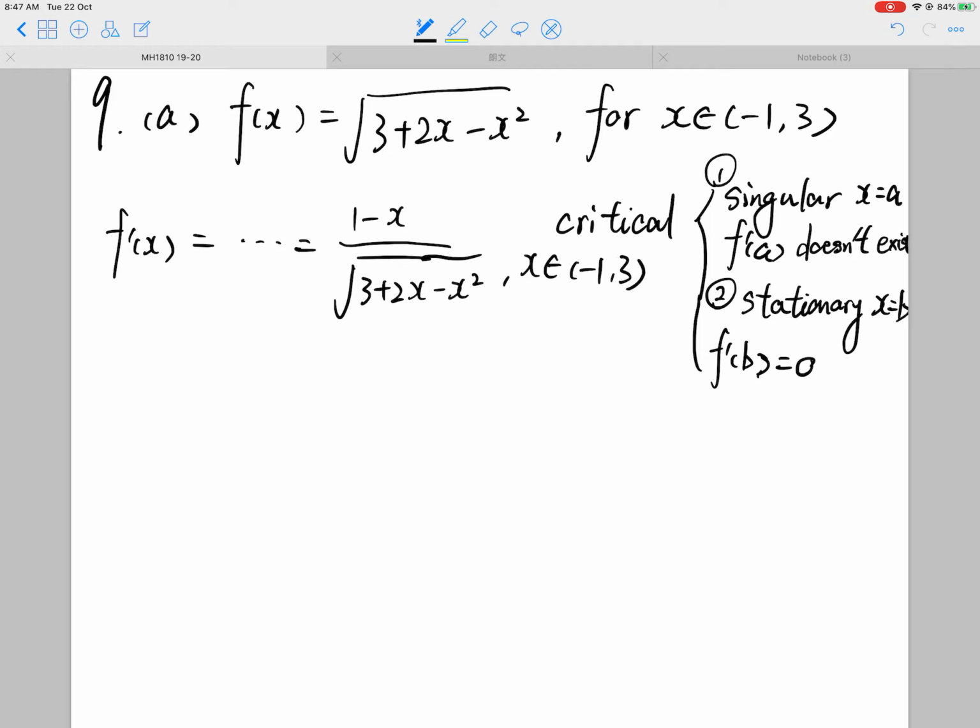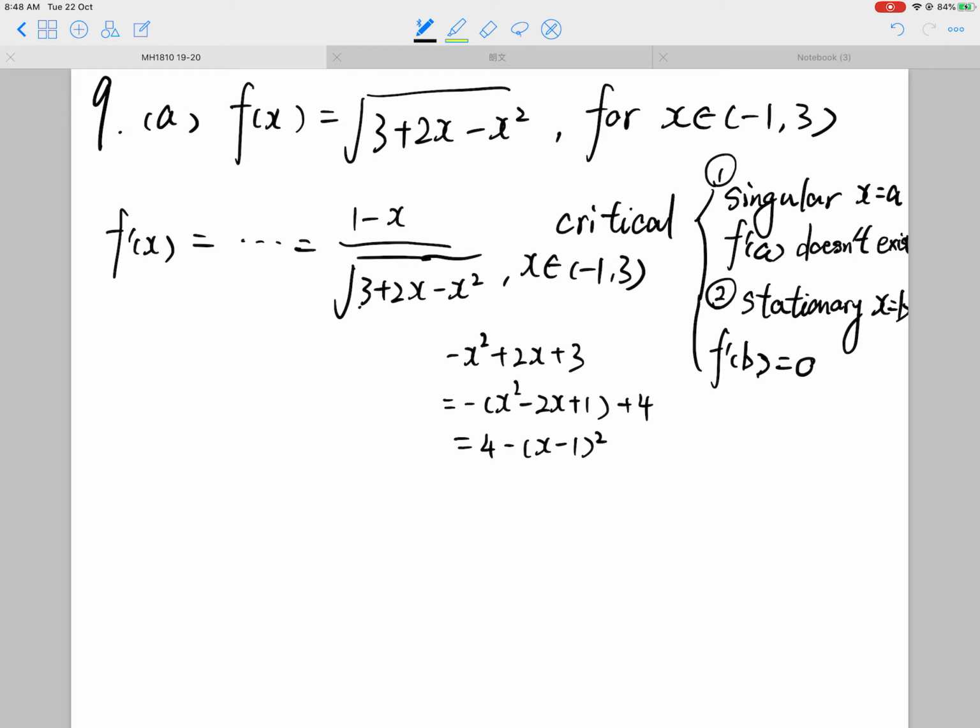So for x between negative 1 and 3, what about this bottom part? This bottom is negative x squared plus 2x plus 3, right? Which is just negative x squared minus 2x plus 1, plus 4, which is 4 minus x minus 1 squared.